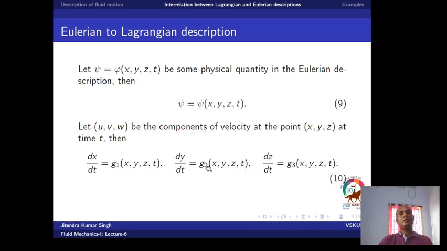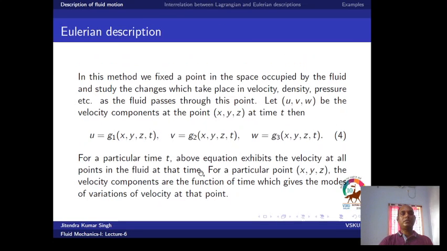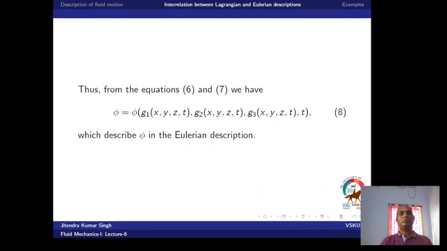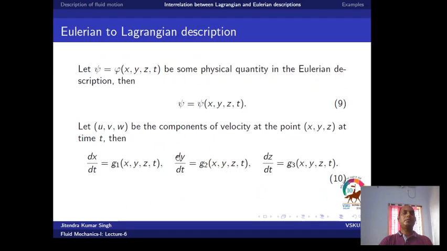So dy by dt is equal to g2 of x, y, z, t, and dz by dt is equal to g3 of x, y, z, t. We take this from equation number 4, because velocity components are given by g1, g2, g3, and u, v, w are dx by dt, dy by dt, and dz by dt in the Lagrangian description. Now this equation 10 is a system of simultaneous equations. This is a system of first order equations. So there are three first order equations.